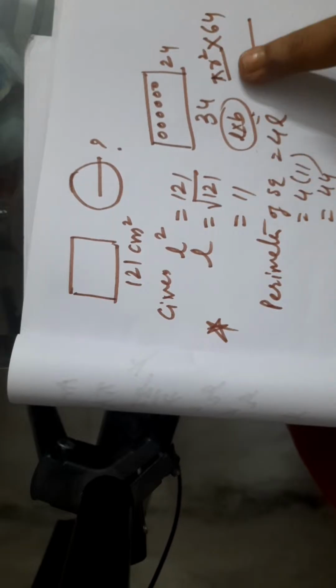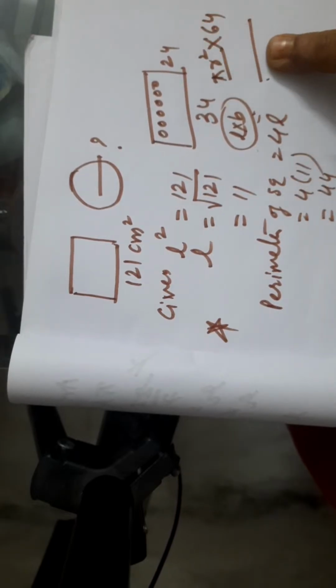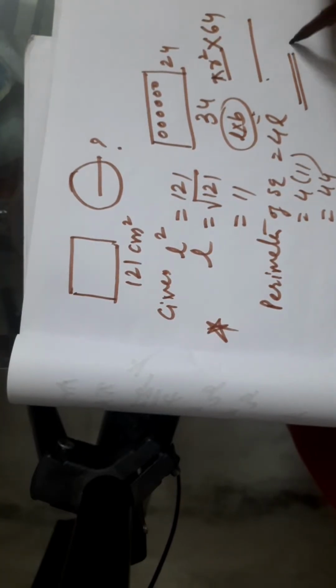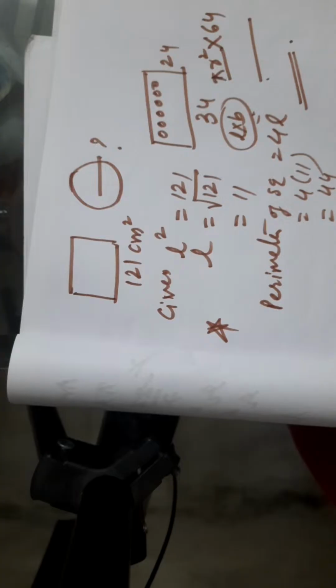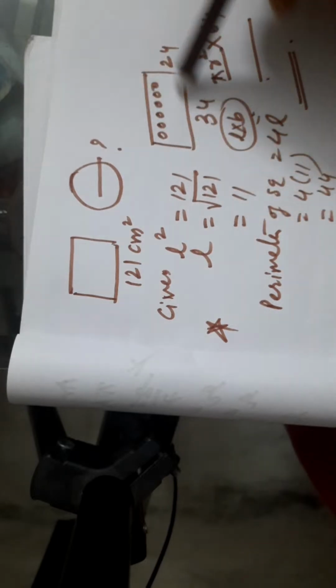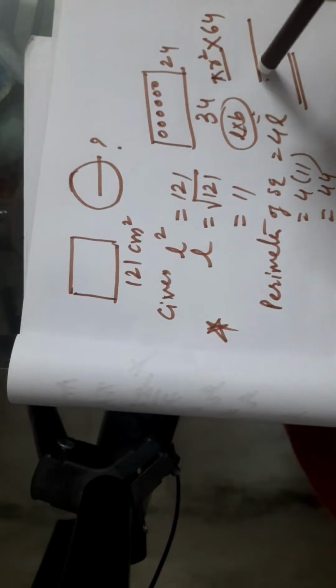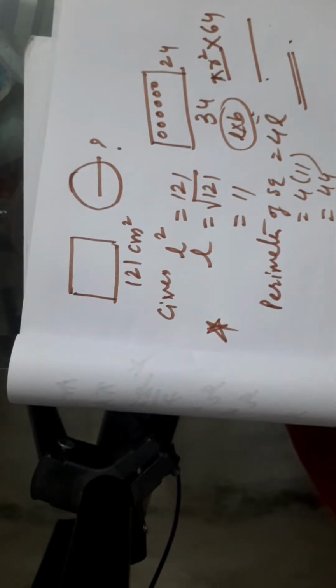Out of that, the area of 64 circles is to be subtracted. If you subtract both the answers, you will get the remaining part of the sheet. Is it clear? Can you solve it on your own? First we will calculate the area of the rectangle, then the area of 64 circles, then subtract both the answers. Is it clear? Okay.